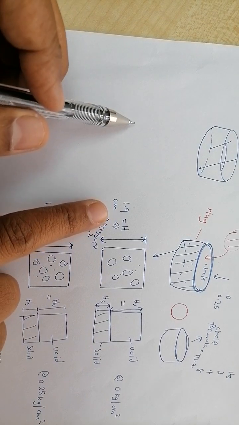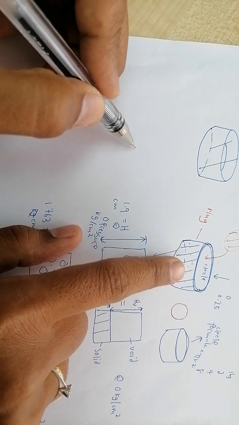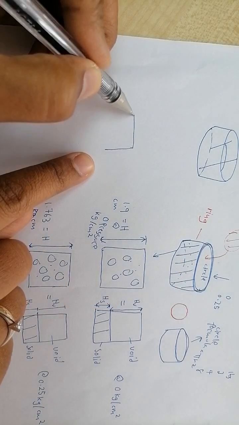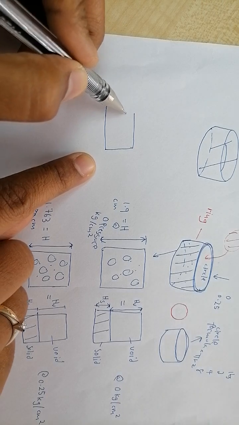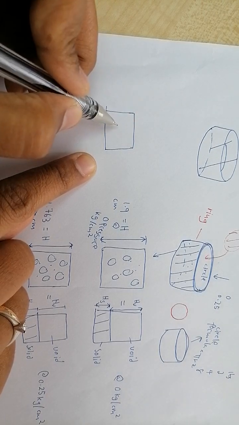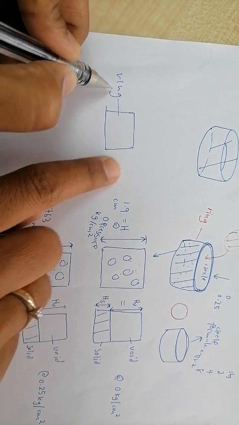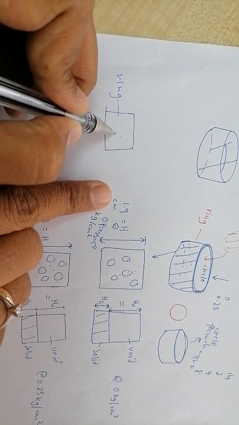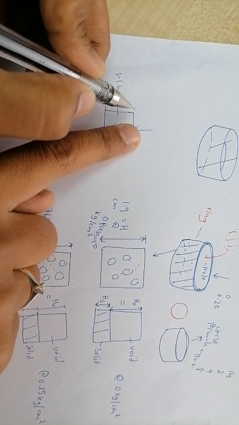Back to the consolidation test tadi. This is a soil sample, kan. Actually we have a complete setup of the sample, tapi saya nak tunjukkan in brief je lah. So this is the ring, and your soil sample is within the ring. Okay, ini soil sample you within the ring. You put a load at the top.